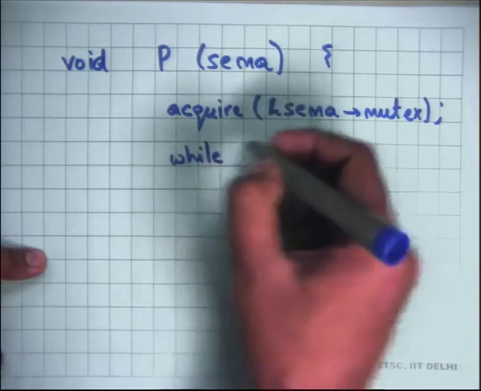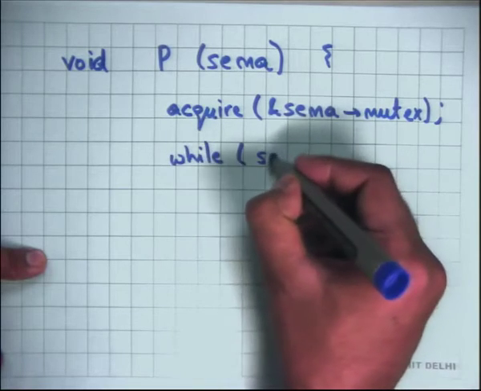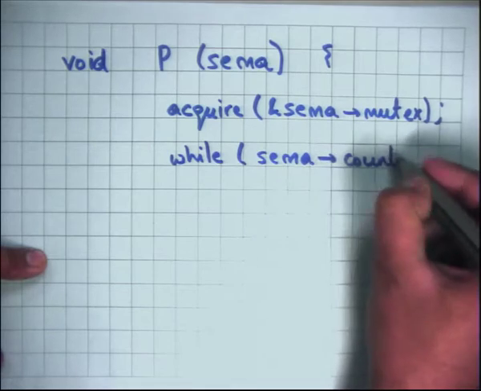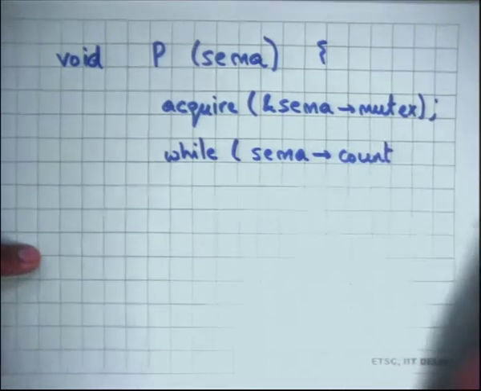I am using the condition variable to wait on the condition that the count becomes greater than 0.